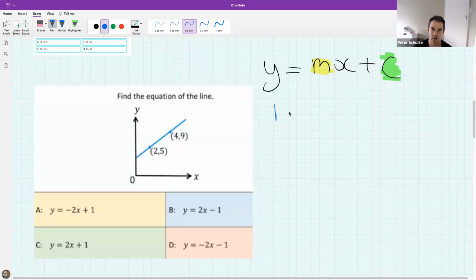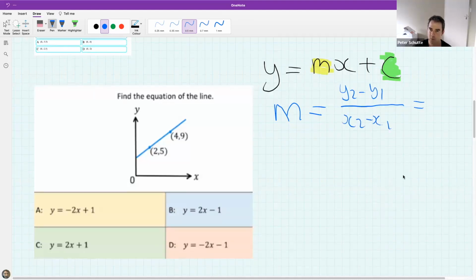So I agree with the students that M is the first thing I want to find. And to find the gradient here, I'm going to have to use this formula. So what is the gradient going to be?